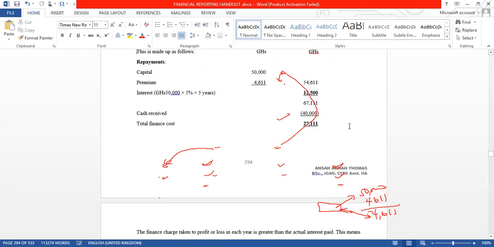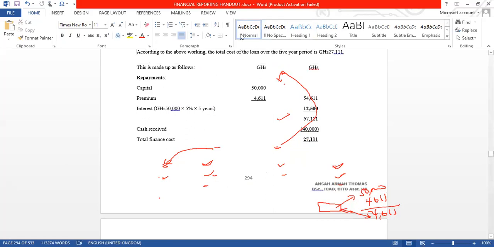What is going to happen is that the capital that you borrowed, that you issued out, is 50,000. You are going to pay a premium on it, so at the end of the day you are paying this premium. But don't forget that every year you are paying 5% for the 3 years. If you now take your cash receipt out, you see that all the other payments that you've done are financed. So look at this.